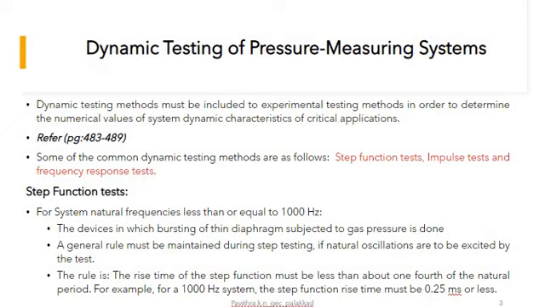So first one, step function test. These tests can be classified into different types depending upon the natural frequency of the system. For frequencies less than or equal to 1000 Hz, devices in which bursting of a thin diaphragm subjected to a gas pressure is done are used.